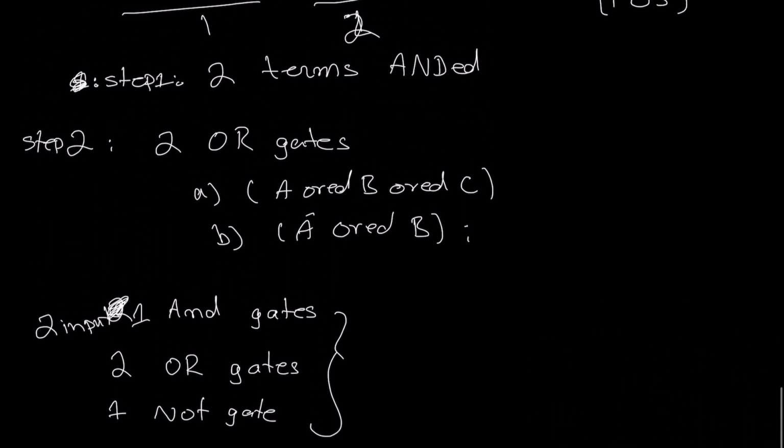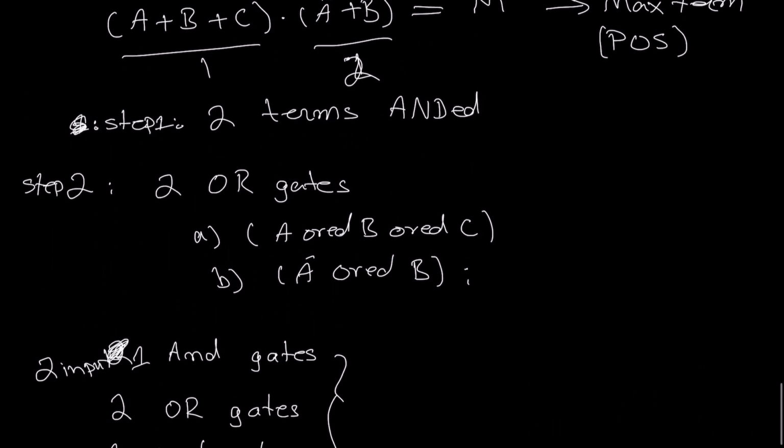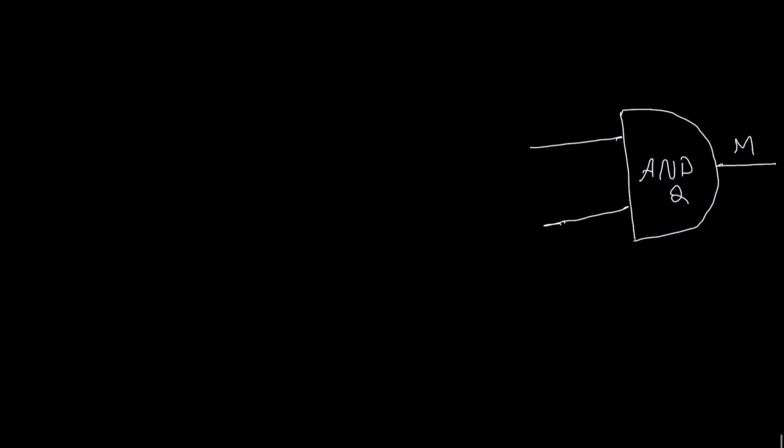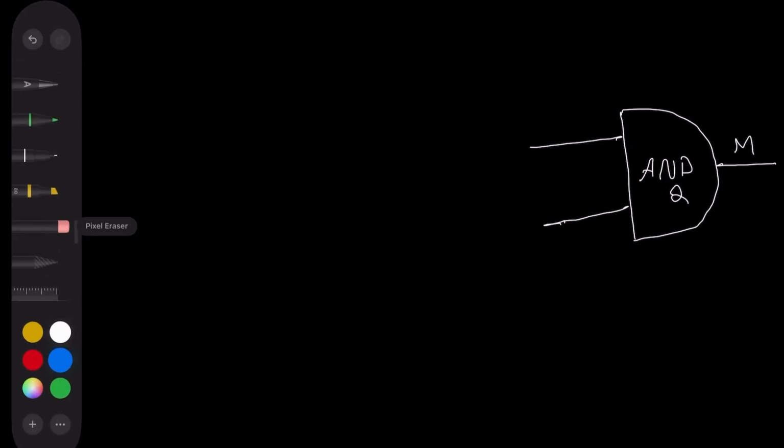Now we will go to the second part of that. It's two OR gates. Let's change the color here.